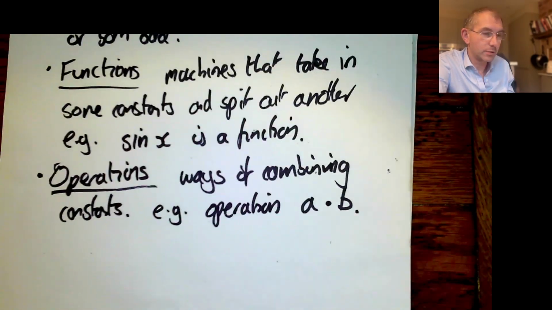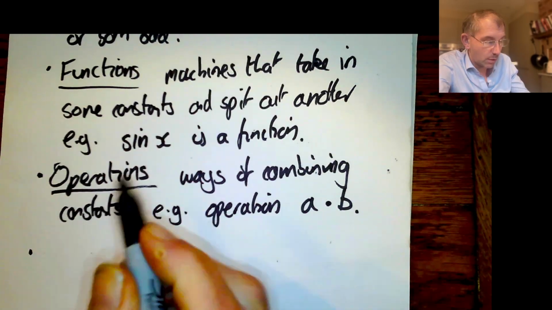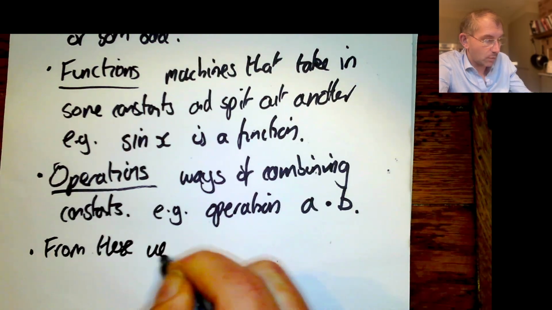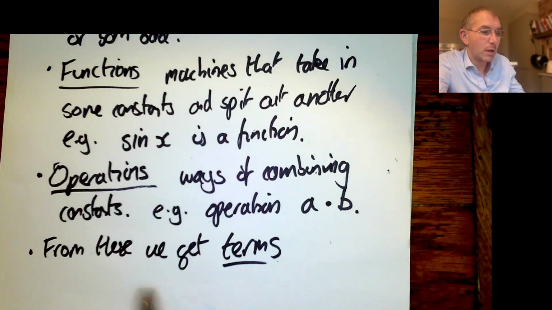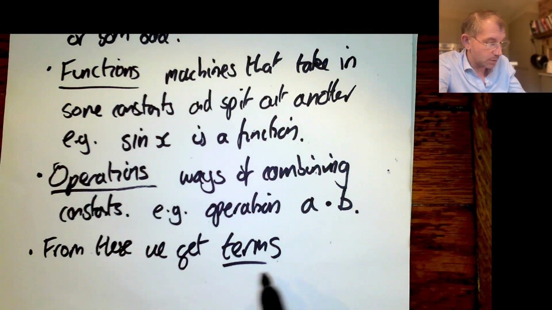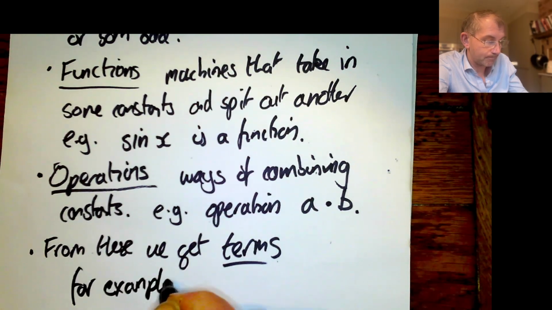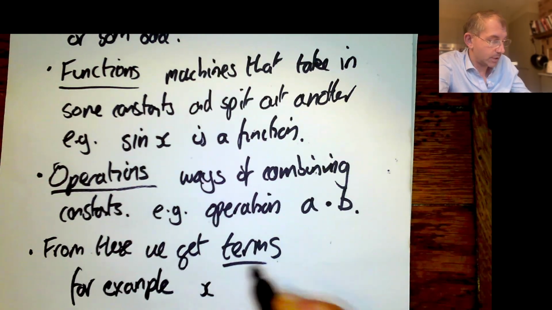Now, what happens if you apply these operations to variables is that you get things that are called terms. So from these we get terms, and I'll just give you an example. So for example, any variable is a term.